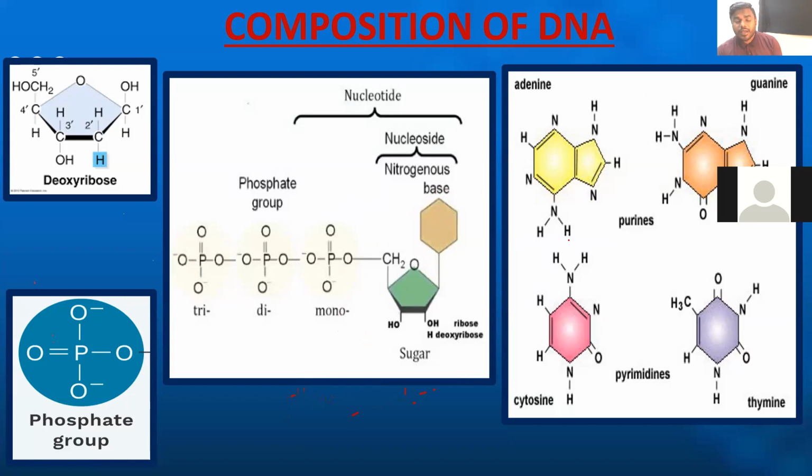All of you pay attention. Phosphodiester bond is a type of bond which is formed between two nucleotides. That's the reason we call the phosphodiester bond the backbone of the DNA. Why do we call it the backbone?